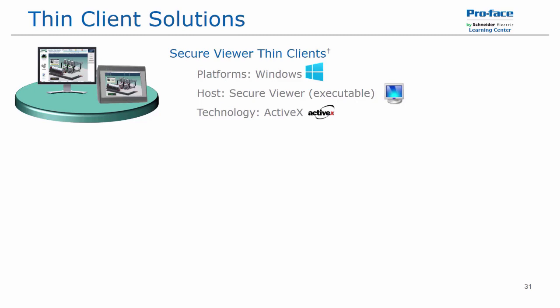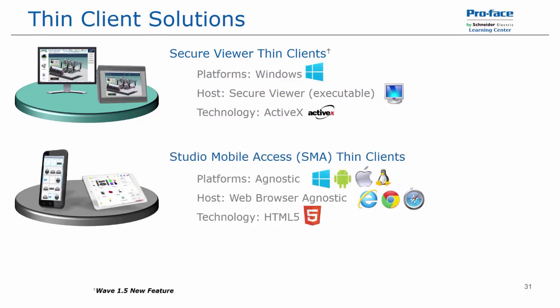And it is intended for use on local intranet or isolated networks. Then we have SMA, or Studio Mobile Access. This just simply requires a web browser, and any current browser supported, although we do recommend Internet Explorer or Chrome or Safari. It utilizes HTML5, which is used in most modern mobile and smart devices as well.